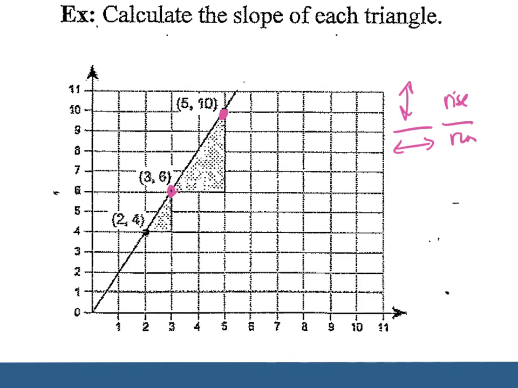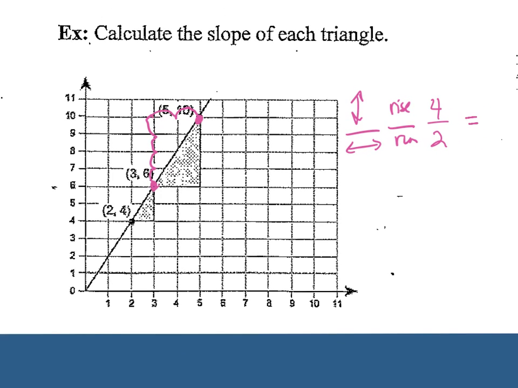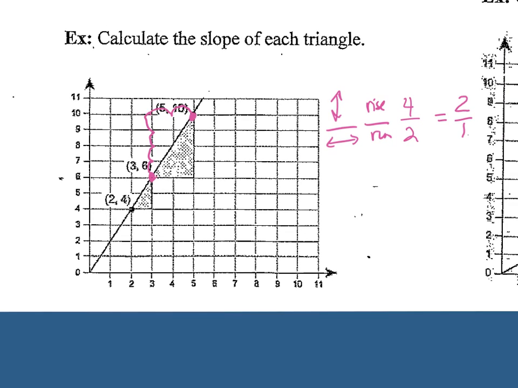So looking at that big triangle, if I go from point to point, how far am I rising? 1, 2, 3, 4. So 4 is my rise. And then how far am I running? Over 2. So what does that reduce down to? 4 divided by 2 or 4 over 2? 2 over 1. Good. 2 over 1 or just 2?